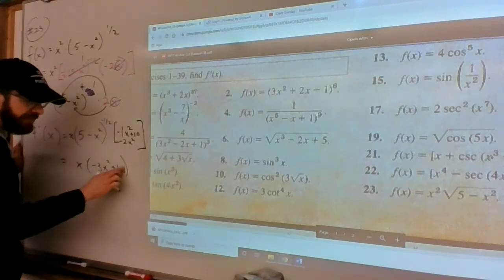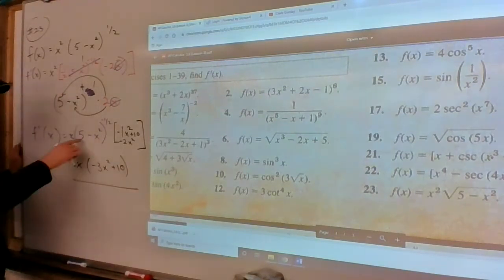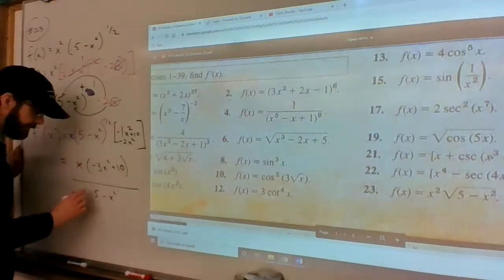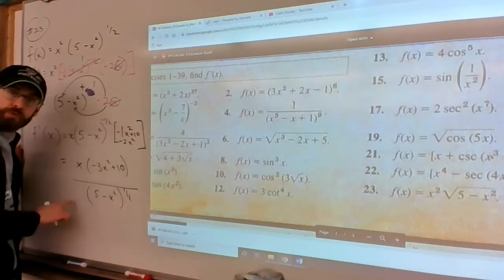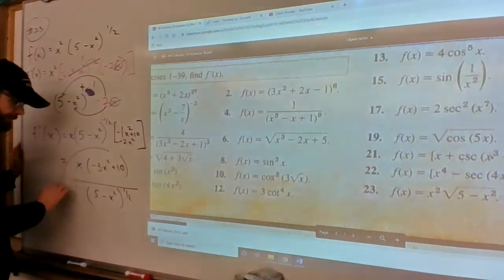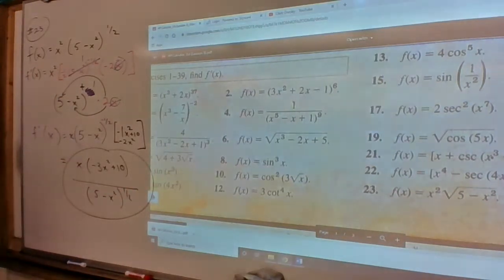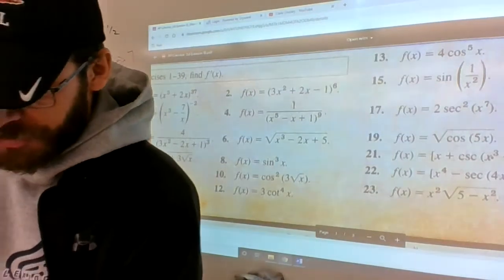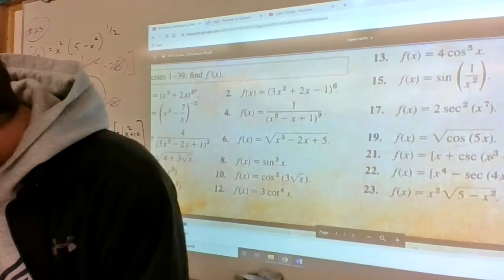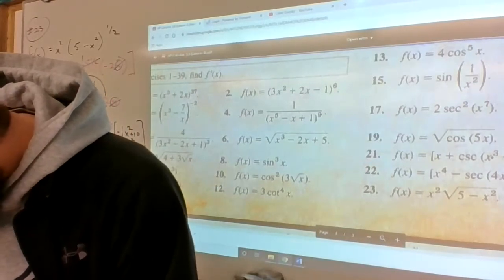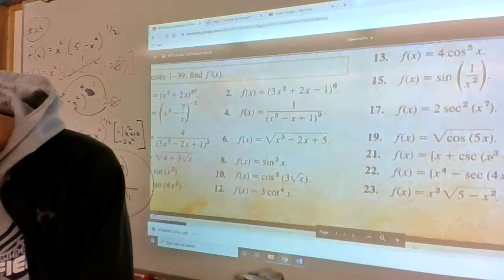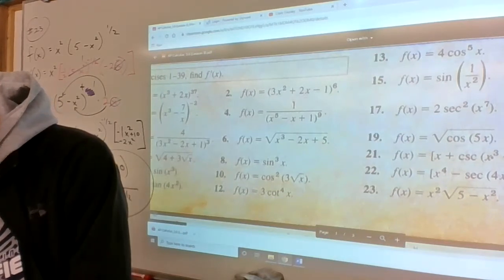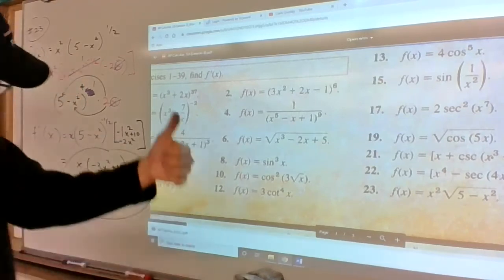And then you can divide that by 5 minus x squared to the 1/2 power, or root 5 minus x squared. We should double check this one too, just to be safe. We're good.